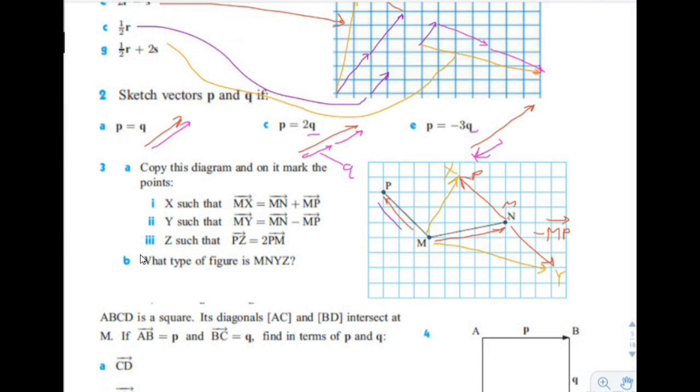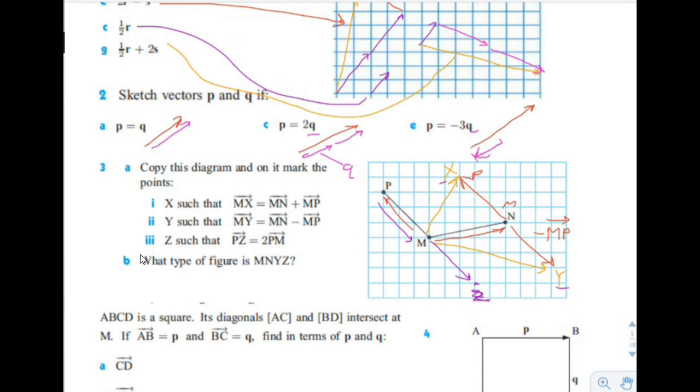So pm plus pm would be pz, so z would be here. So we marked our z, we marked our y, and we marked our x.